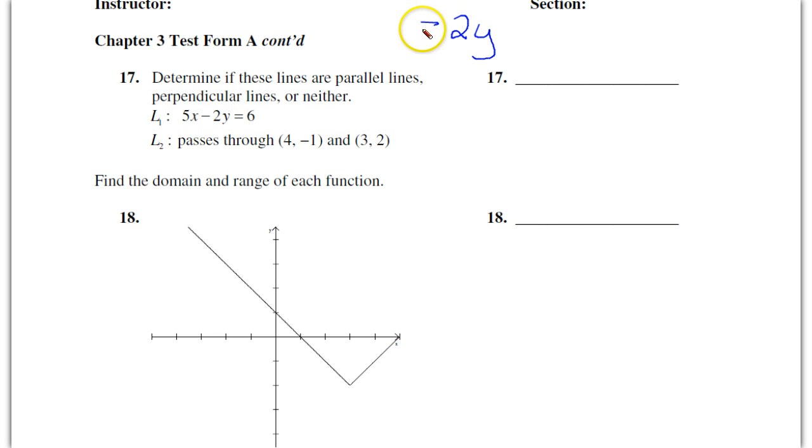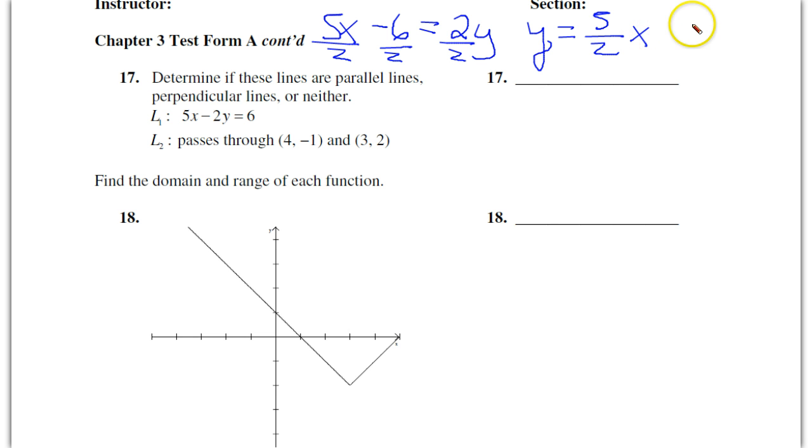Bring over the 6 to this side as a negative 6, and this is 5x. Divide everything by 2, and I get that y equals, I'm rewriting it now, 5/2 x minus 3. So I know now the slope of this line.